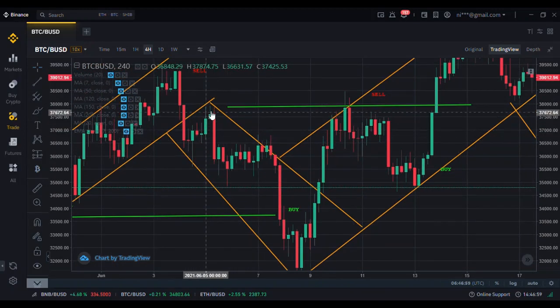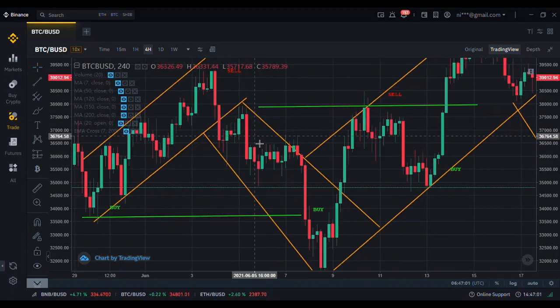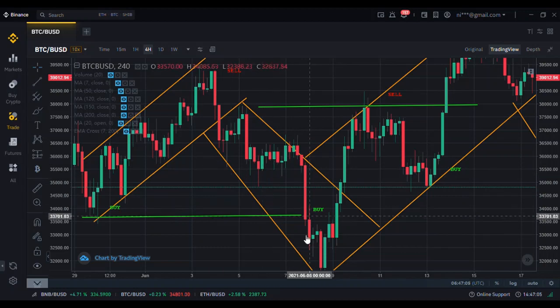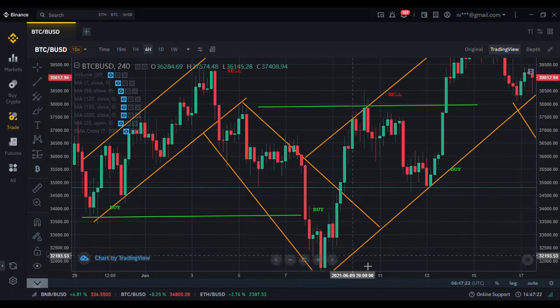So let's see. For example, you are entering this falling wedge. Some professional traders are shorting this pattern. When I say short, you sell here and you take profit on the lower side because you are betting for Bitcoin to go down rather than to go up.